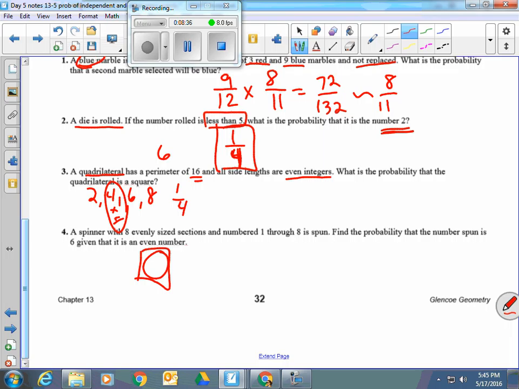Find the probability that the number spun is 6, given that it is an even number. Well, that even number, okay, how many numbers are there? There's 8. And if it's 1, 2, 3, 4, 5, 6, 7, 8, if it's an even number, and I want it to be a 6, that's 1/4.